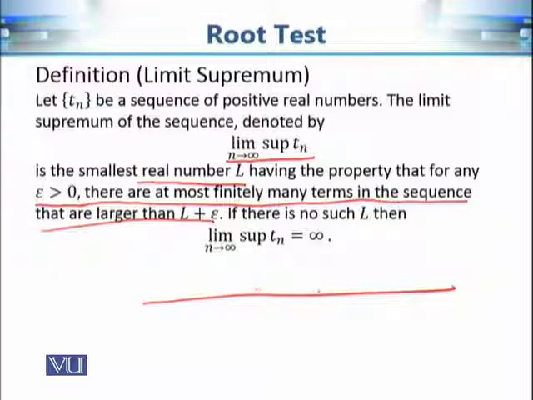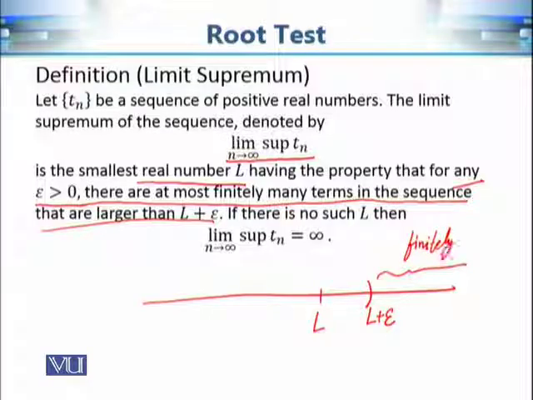So let's say this is the real line and this L is basically the lim sup of this sequence. If we take any arbitrary epsilon, it could be as small or as large as possible, then this number is L plus epsilon, and the condition is there should always be finitely many terms on the other side of L plus epsilon, bigger than L plus epsilon.